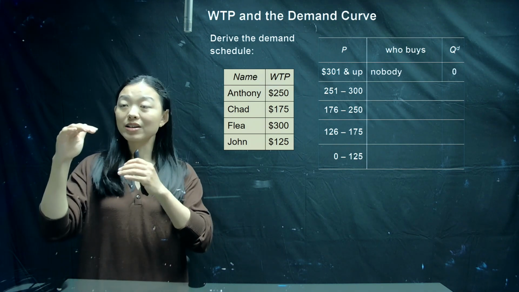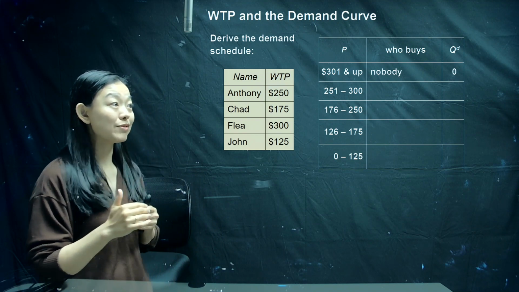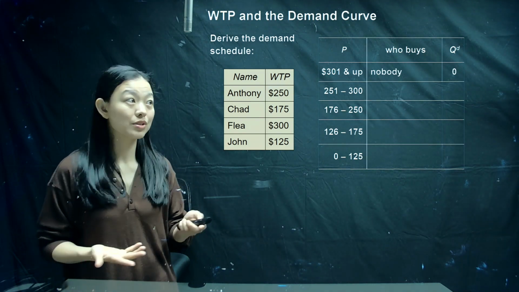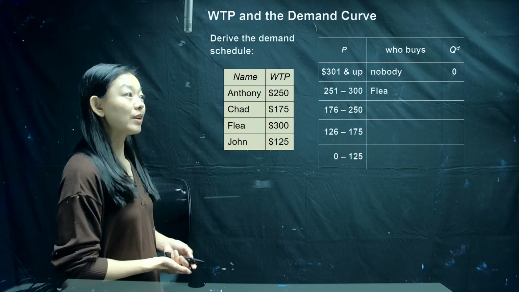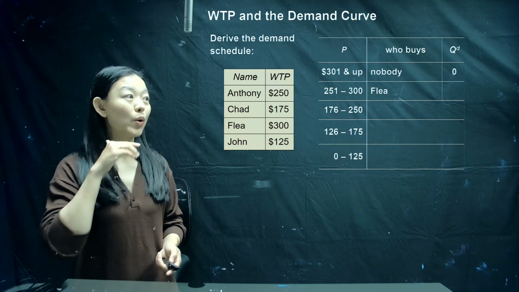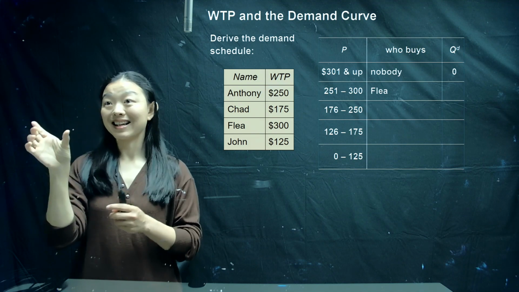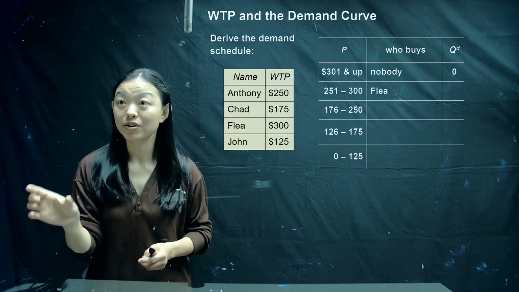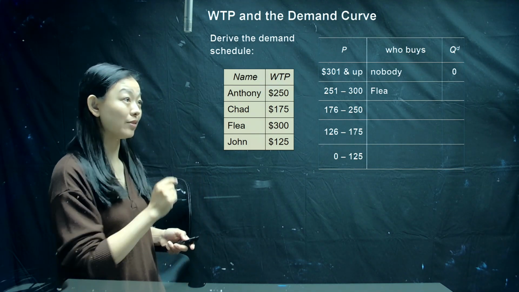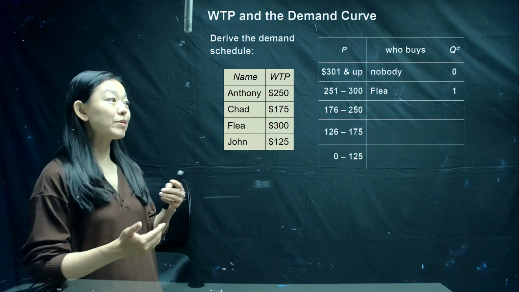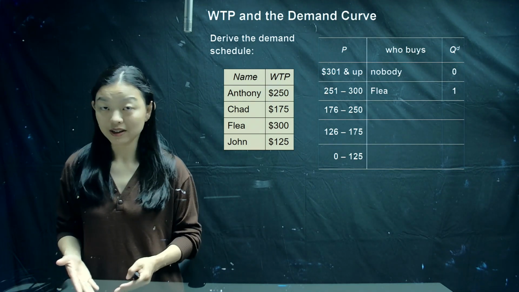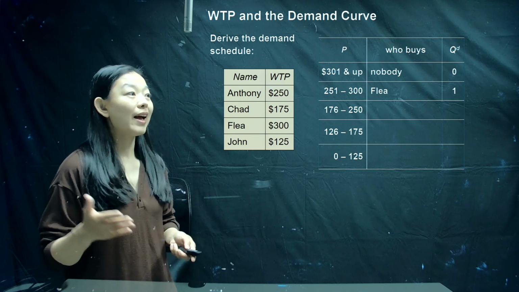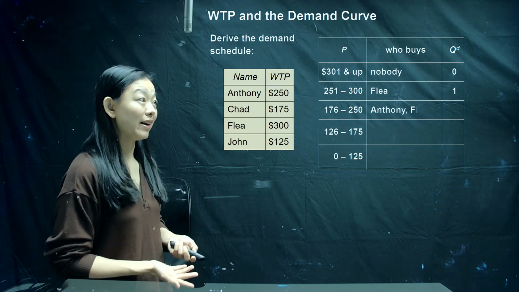If the price of the Apple Watch lies between $251 and $300, then we know Flea would definitely buy it, okay? So the quantity demanded when the price lies between $251 and $300 will be 1, right? And now if the price lies between $176 and $250, then we know Anthony and Flea would definitely buy it, right?